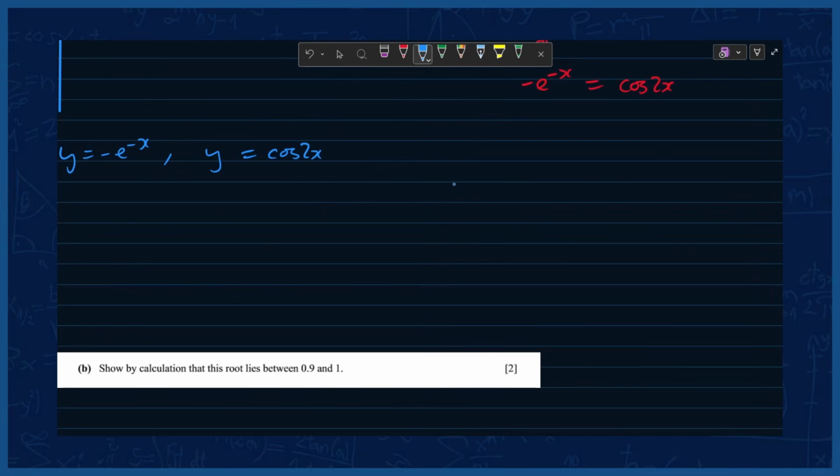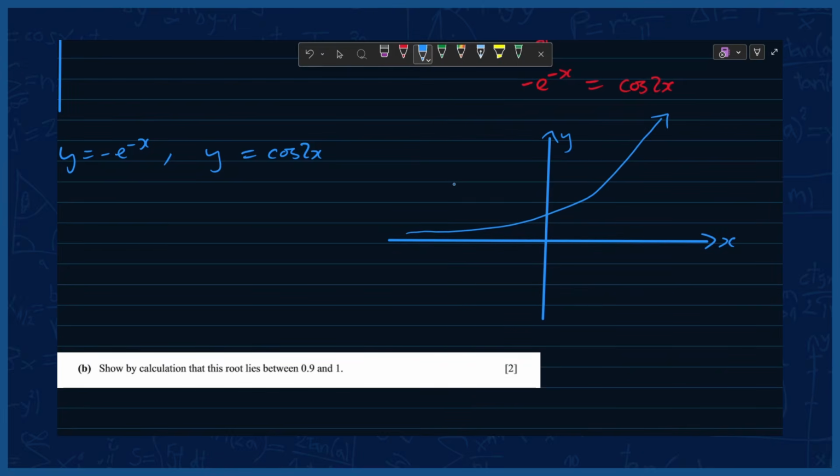So I hope that you know what the graph of an exponential function looks like, at least what the graph of y equals e to the x looks like. So I know y is equal to e to the x looks like this. This is y is equal to e to the x. I can see there's a negative x there. That negative x tells me that there has been a reflection in the y-axis.